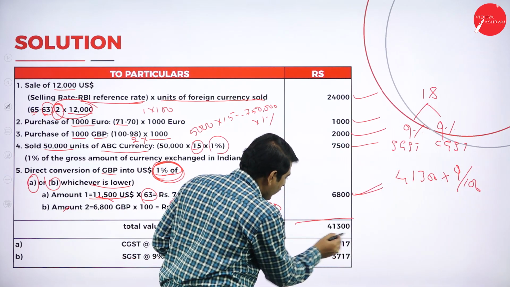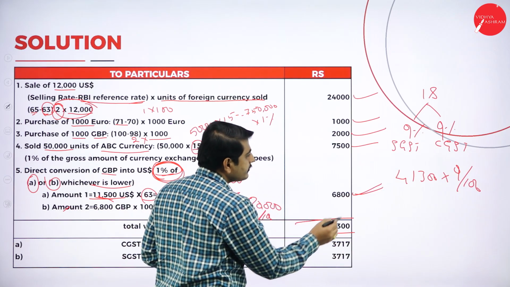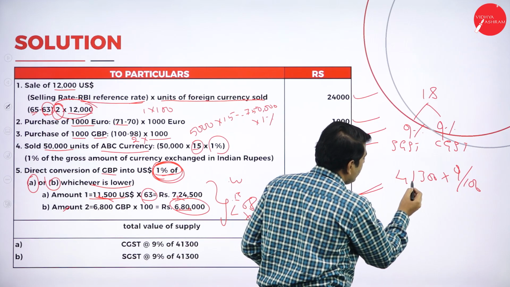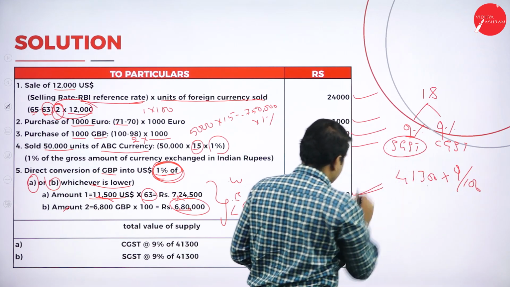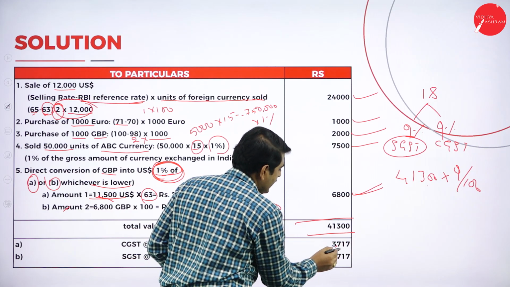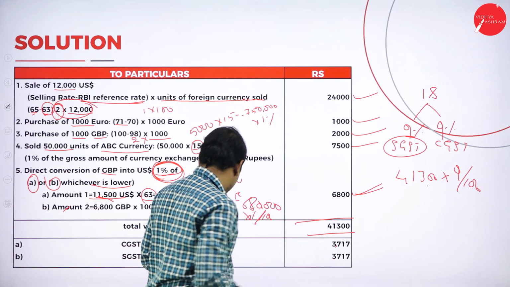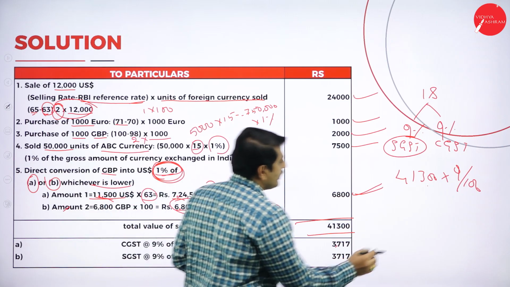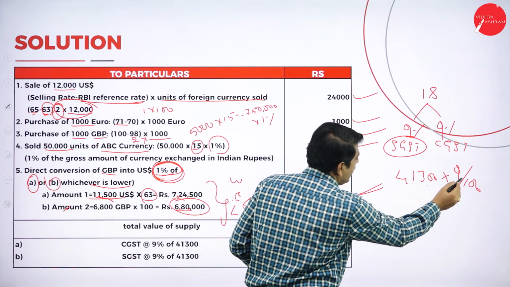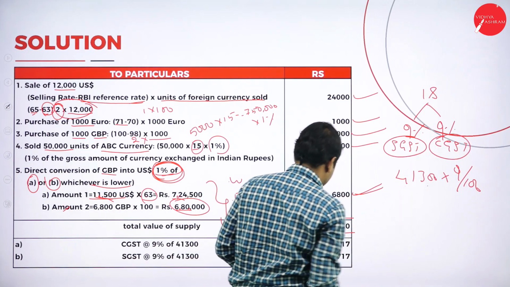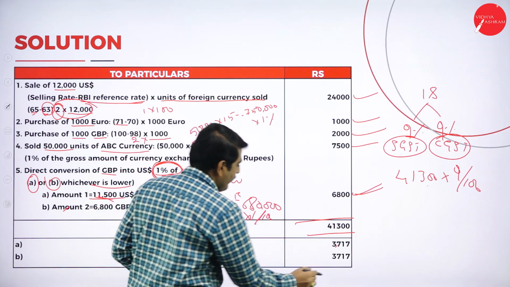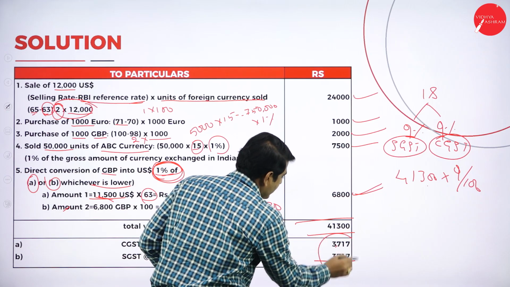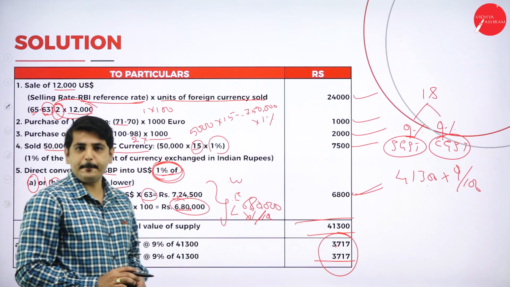They will add all the amounts, then you will get 41,300 into 9% of SGST, which is 3,717. Again here, 41,300 into 9% of CGST, you will get 3,717. This is the tax you have to pay.